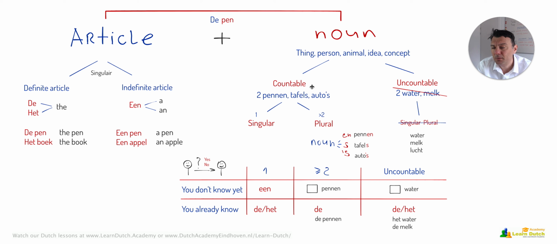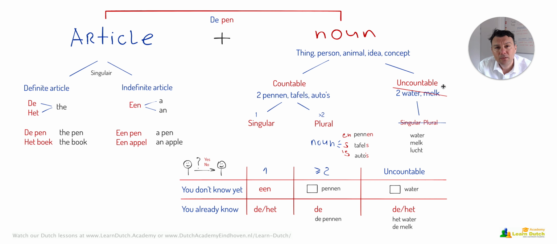What are countable nouns? They are things which you can count: 1, 2, 3, 4, enzovoort. Like 2 pennen, 2 tafels, 2 auto's, 2 honden, 2 mannen, enzovoort.